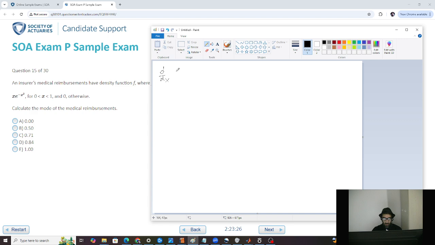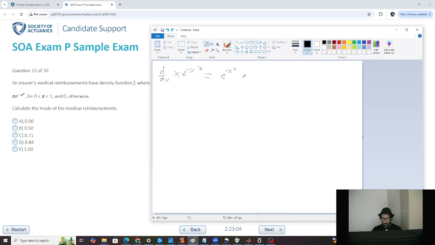Derivative with respect to x of x e to the negative x squared is going to be, so standard product rule. Derivative of the first times the second plus first times derivative of the second.